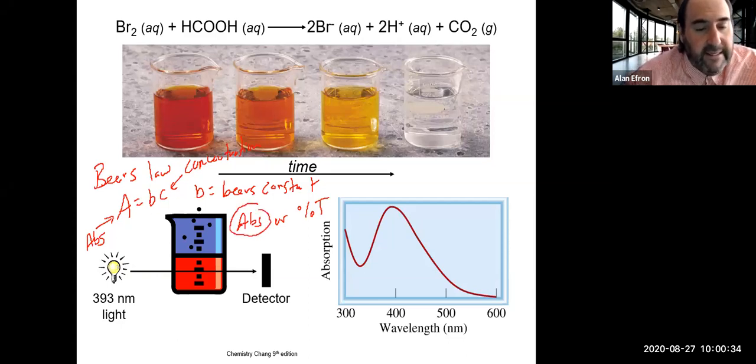And absorbance is related to the actual color of the solution, so how dark of a color it is. The darker the solution, the more absorbance you will have, and the more absorbance you will have probably indicates a higher concentration of whatever was the colored species in that reaction.